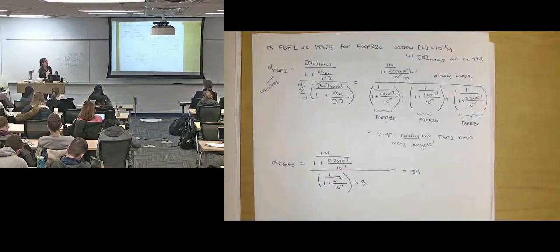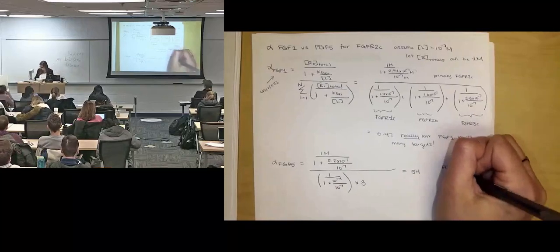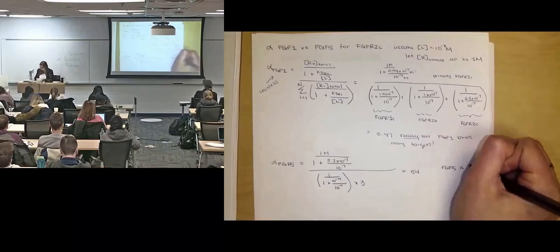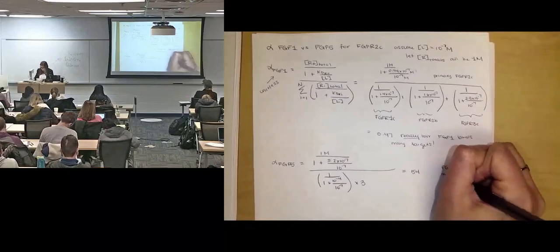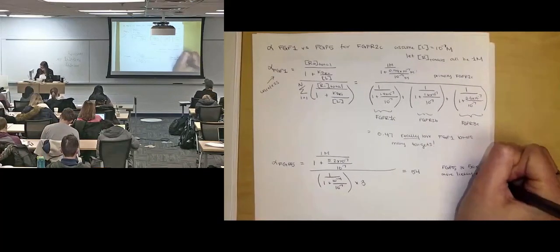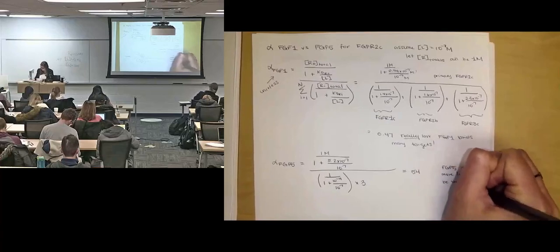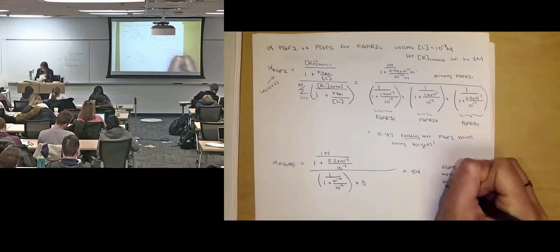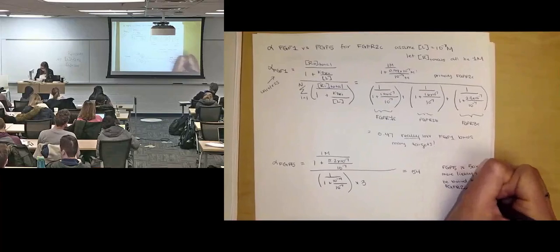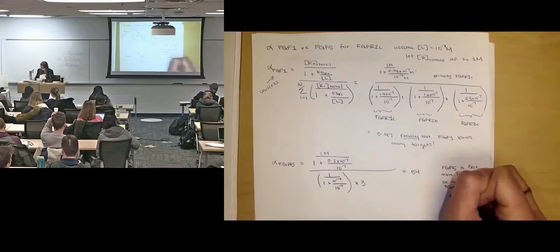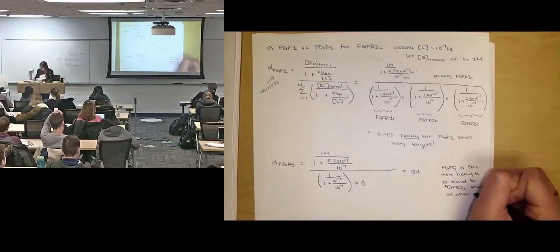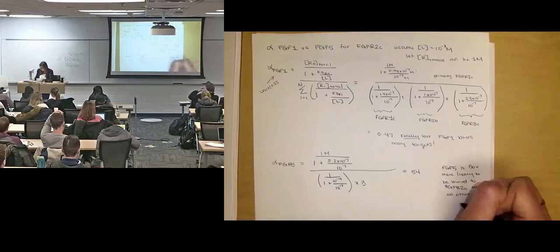It is much, much, much more likely to be bound to its primary target than to any of the other targets. Okay? So FGF5 is 50 times more likely to be bound to FGFR2C than all other receptors combined.